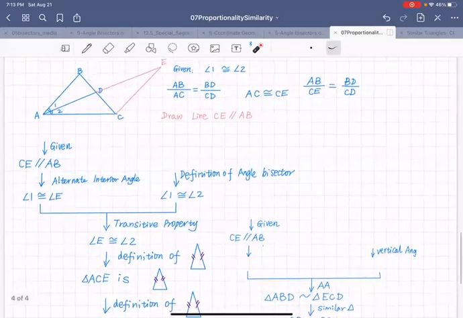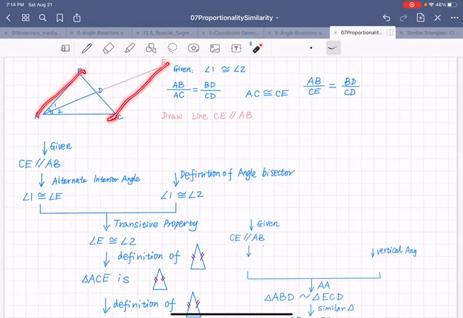We were given this line parallel to this line. So we will be able to tell which angle equals which angle. What do you want to put here? Angle 1 is congruent to angle E.